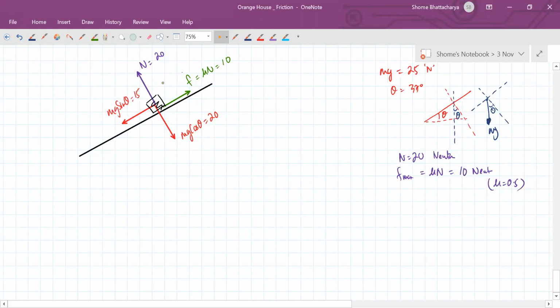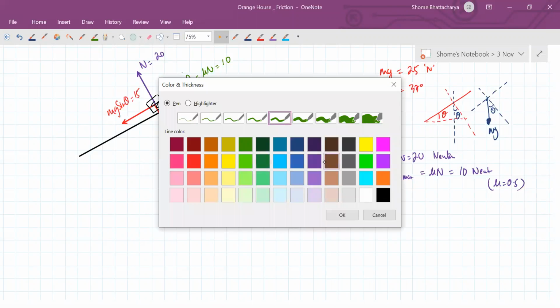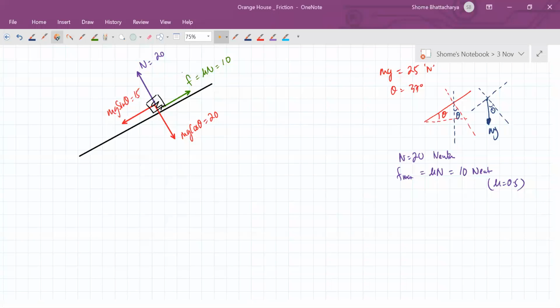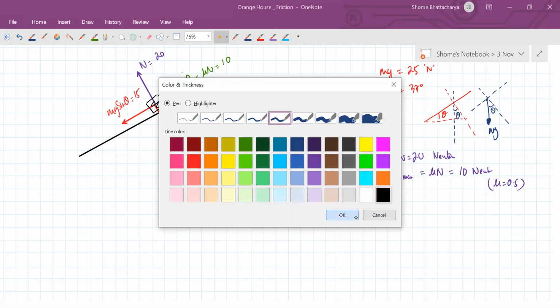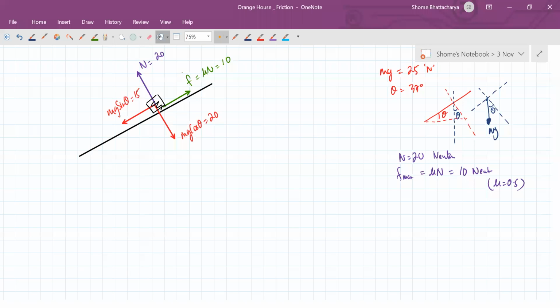If we want to prevent it from accelerating, we have to apply some force like this. The minimum magnitude of that force has to be such that in spite of maximum friction acting, it is not slipping. The external force we are applying has to satisfy the condition that acceleration is 0.